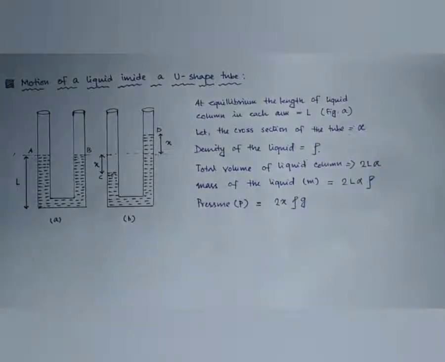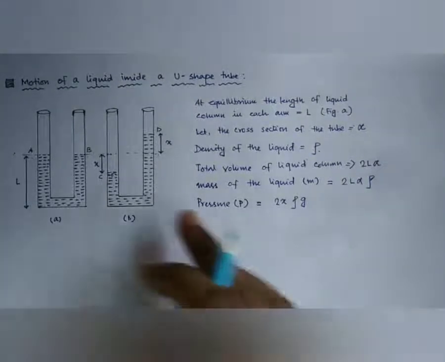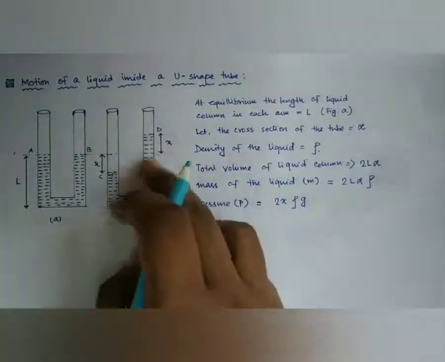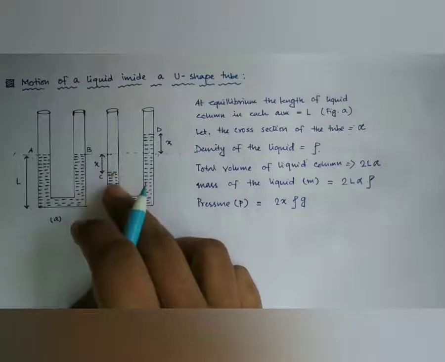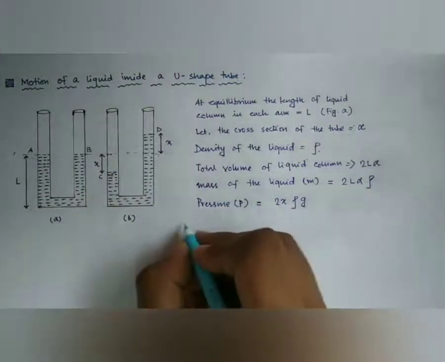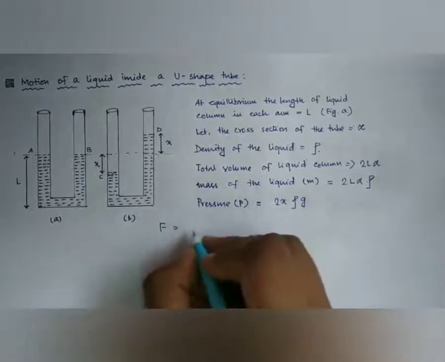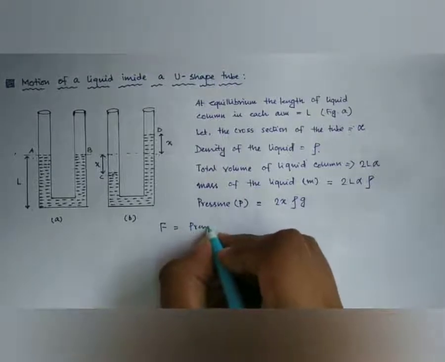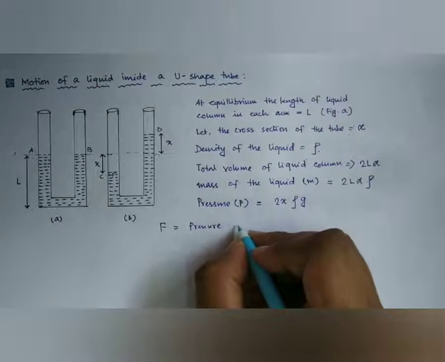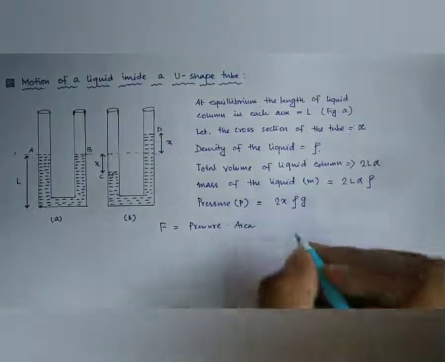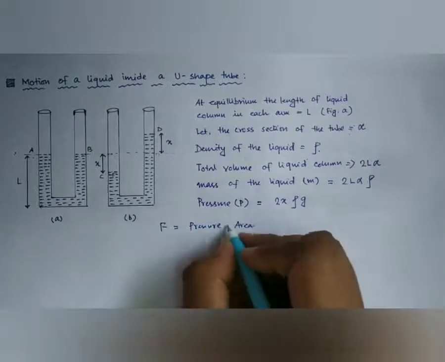So this will induce a restoring force in the liquid column, which will tend to move the liquid in a to and fro motion inside this tube. So the expression of force is nothing but the pressure into area, that is area of the cross section, it is alpha.